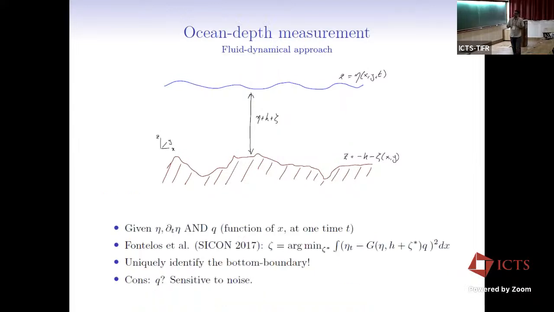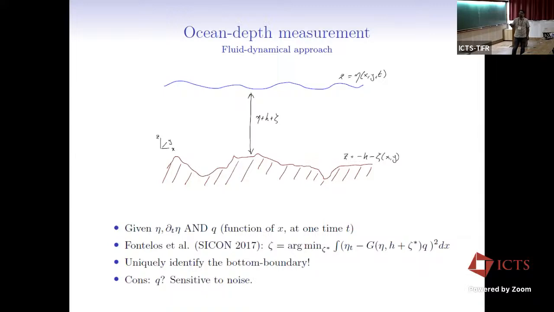And so let's ask how we can use this operator in the context of this problem. If I give myself the surface, the Neumann condition, and the Dirichlet condition, which is definitely too much information, there's a nice result from 2017 that says you can find the bottom profile through this minimization problem.